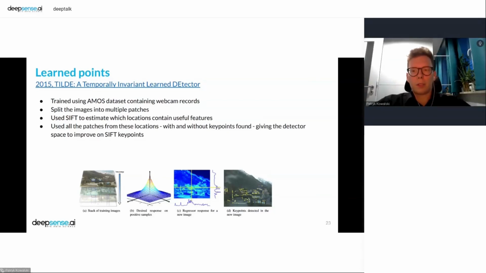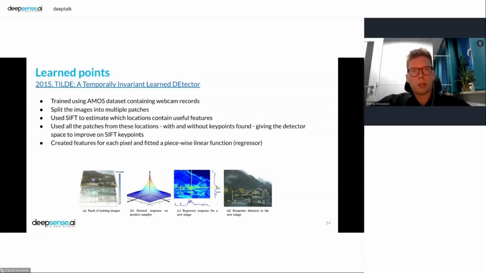But the positive examples are not only the images where SIFT found key points, but also the locations where we know SIFT finds key points in many cases, but not always, right? So we look for the most repeatable key points, and the locations where key points weren't found but we know they could be there are actually the ones where we can enhance our algorithm, where TILDE will be better than SIFT.